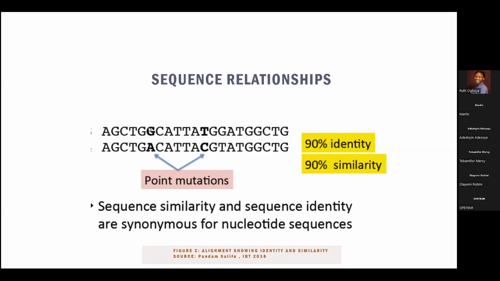And these are known as point mutation, because both of them still have almost the same two pyrimidines. So here we have 90% identity and 90% similarity.